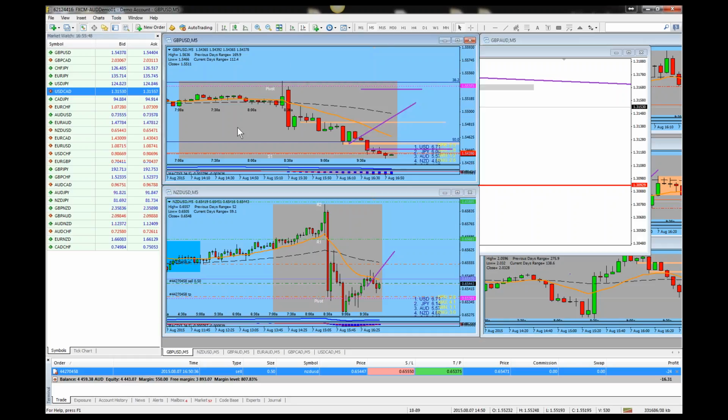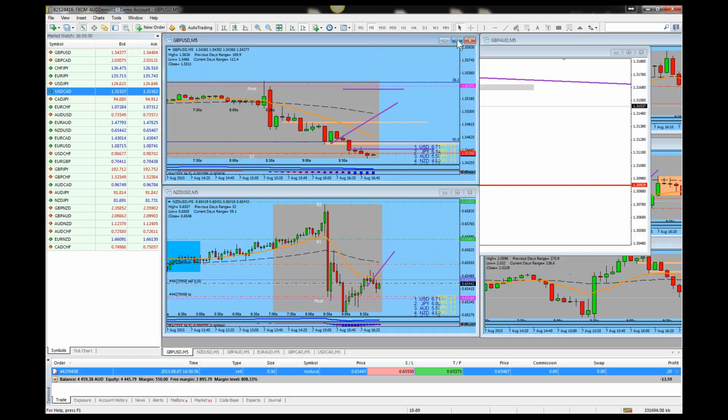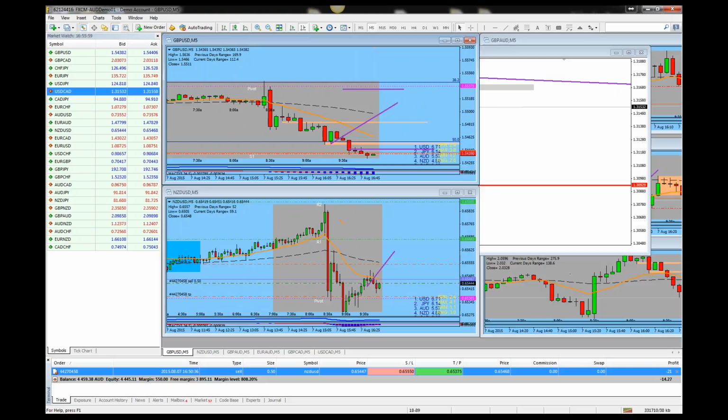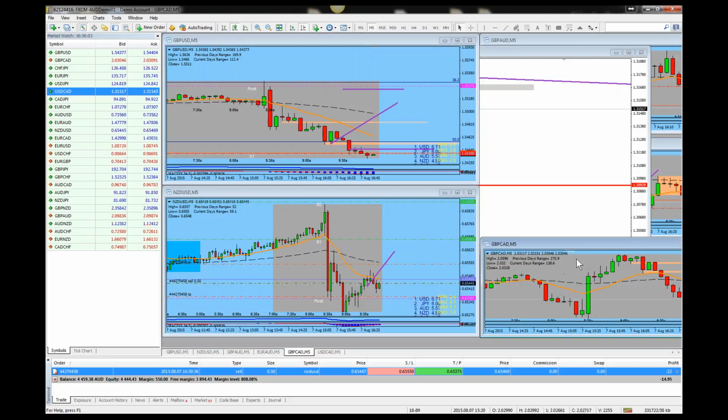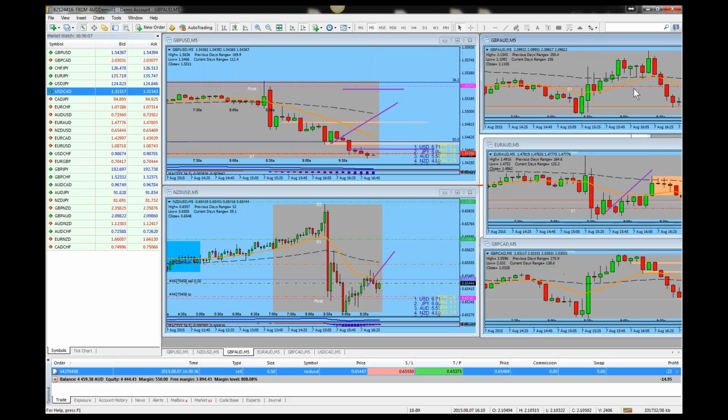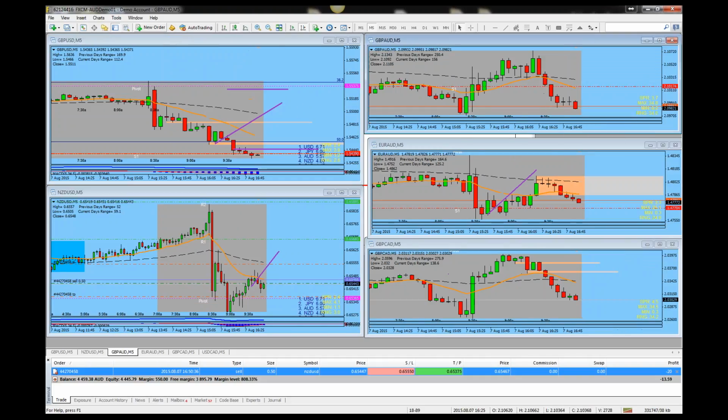What's going on with this? This gave us a few more pips after our exit. Another 13. That was nice. Let's close this.